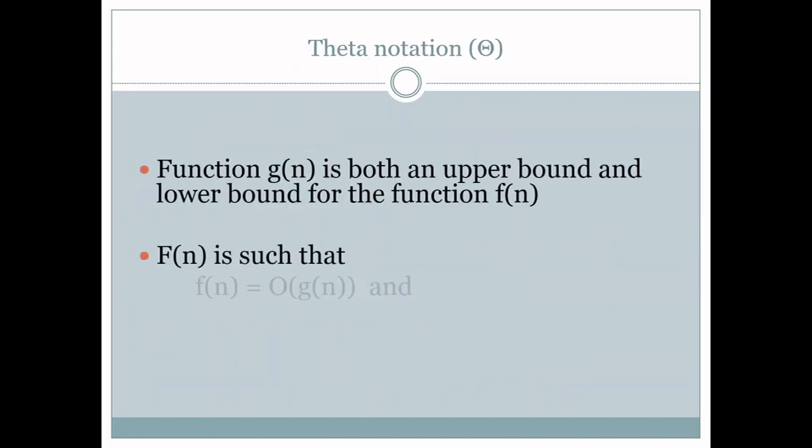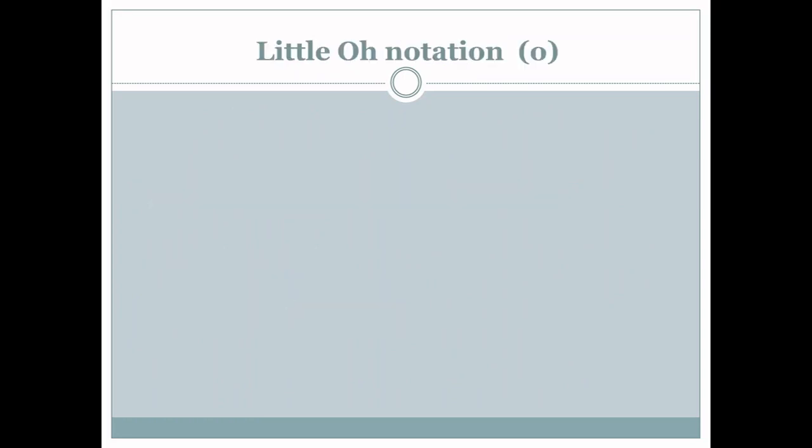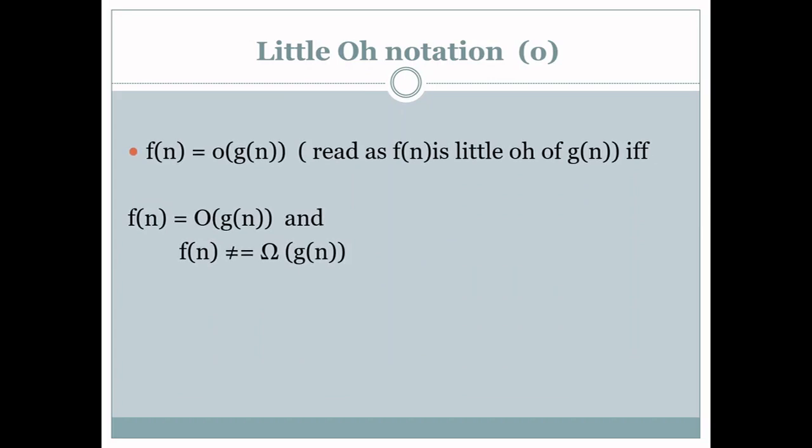And the last notation is small o notation. In small o notation, f of n is equal to order of g of n, that is, it takes the upper bound but it will not take the lower bound. And these are the asymptotic notations used for calculating the complexity of an algorithm or the efficiency of an algorithm.